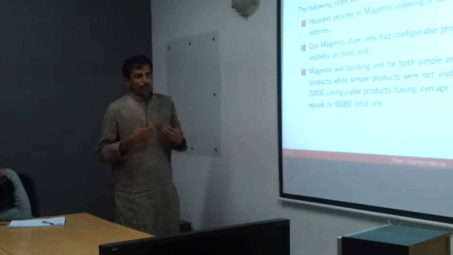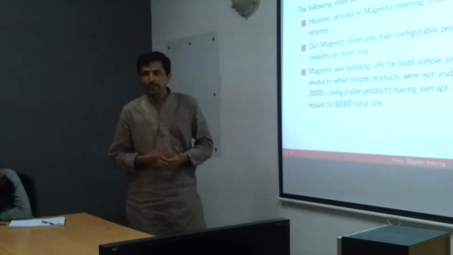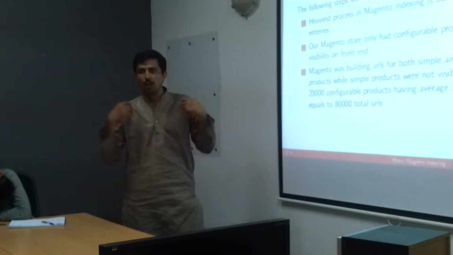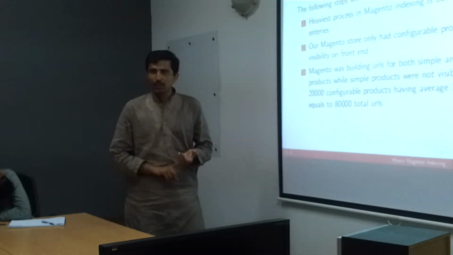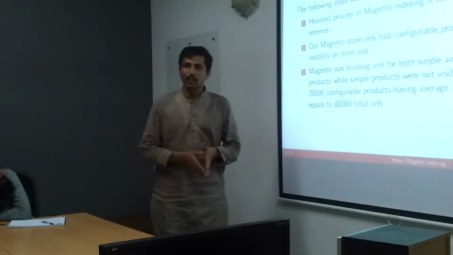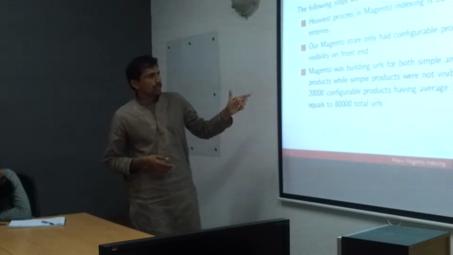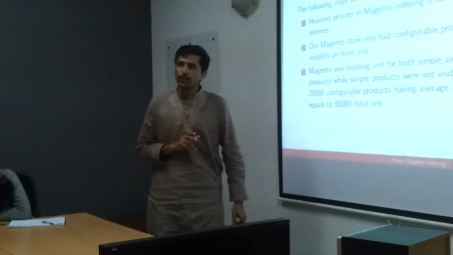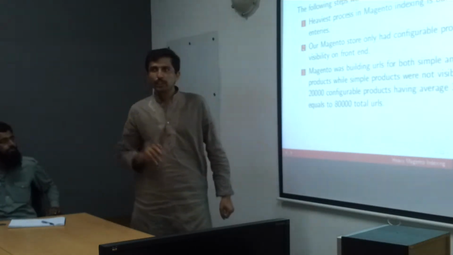What Magento does in the back end, when you run the reindex script or reindex job, it creates the URL for all those products, which are disabled, which are not visible, whatever their type is, configurable, simple, whatever, it will generate the URLs for all of them. So if you have 20,000 products and 3 simple products in each configurable product, the figure will go to 80,000.